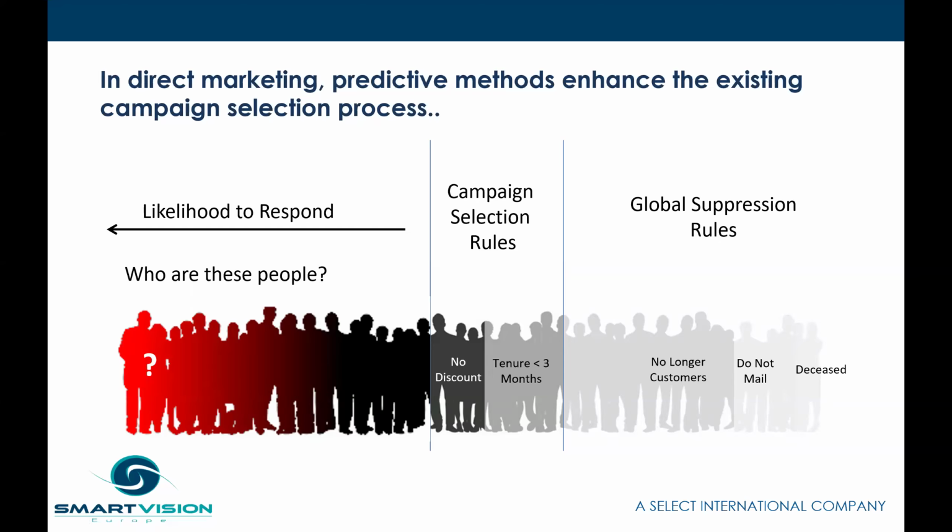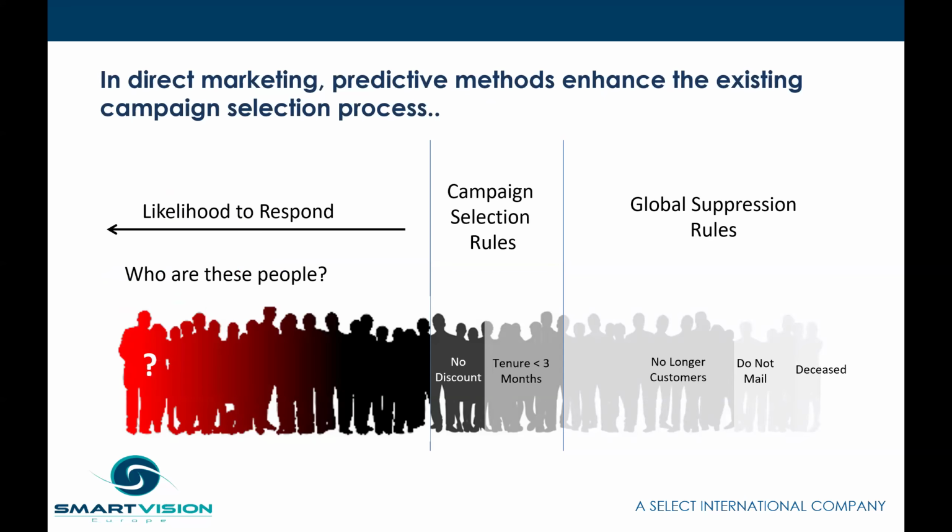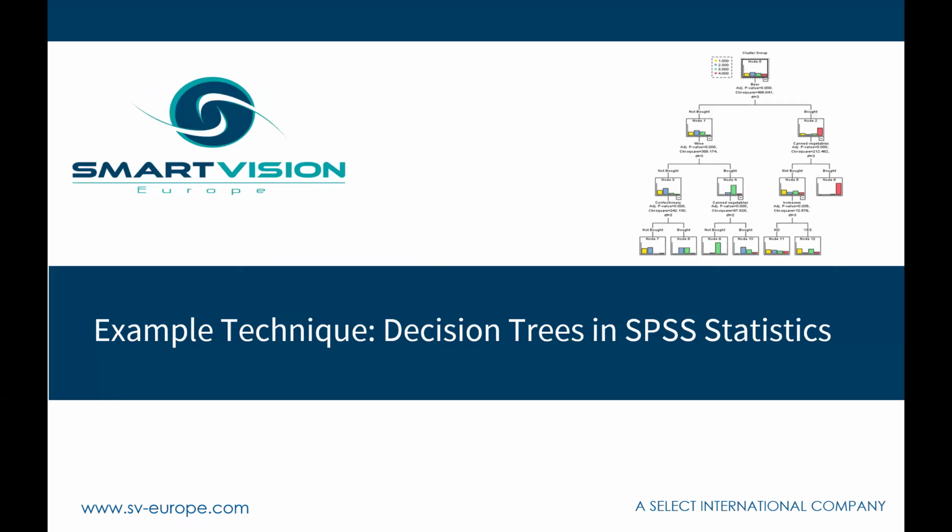And all the predictive model is doing is coming along and saying, well, off that pool of people, the predictive model indicates that these are the people who are most likely to respond. So by creating a model that identifies the most likely responders, we're able to spend less money targeting people who have a less than average chance of responding to us. Hence the use of techniques such as decision trees and other predictive modeling methods in SPSS to do this type of thing.